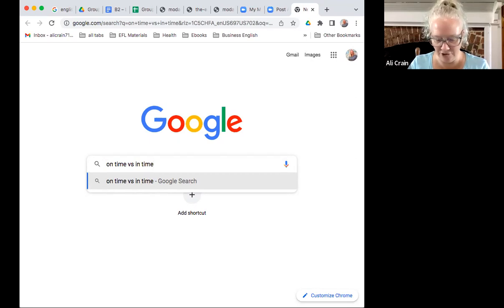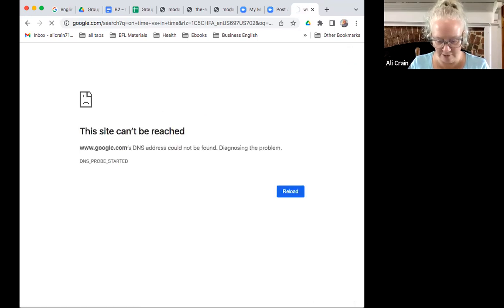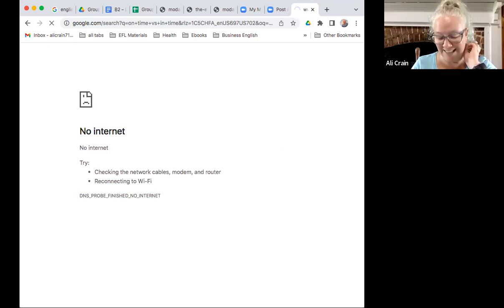It gives some additional information as well: some definitions, some key differences, and some examples at the bottom. For example, on time: we left for the airport on time. In time: Joseph set the alarm to wake up in time to study for exams.